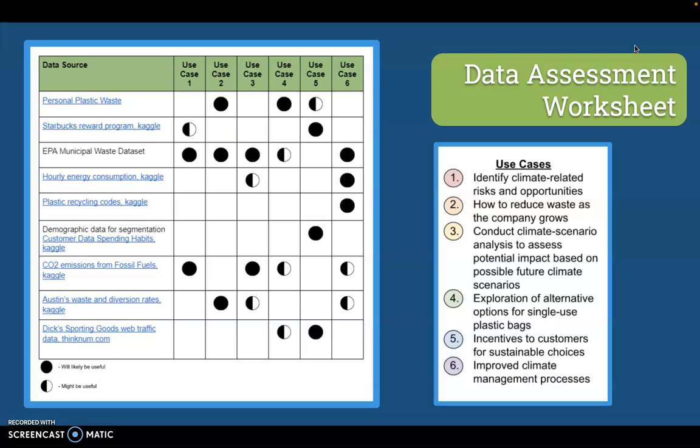And then for use case 4, personal plastic waste will most likely be useful, and then there are 3 that will likely be useful, but not really sure yet, so that's the EPA information, the CO2 emissions from fossil fuels, and then the Dick's Sporting Goods web traffic data from thinknum.com.